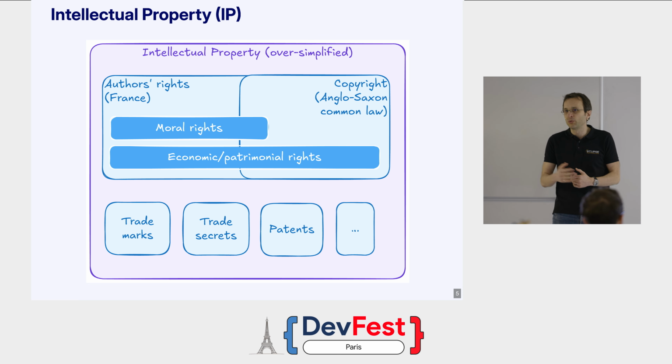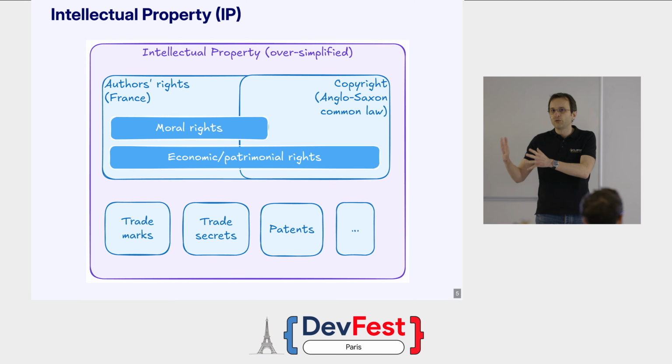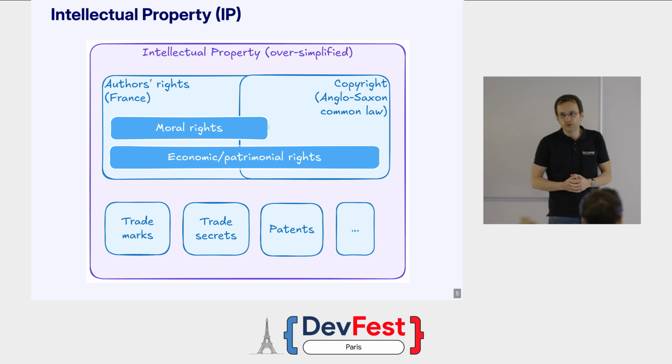So everything you do for your boss belongs to your company, not to you. You sell your economic rights, not the moral rights. So you can still claim, I want my name in the about box, for example, when you do a software.